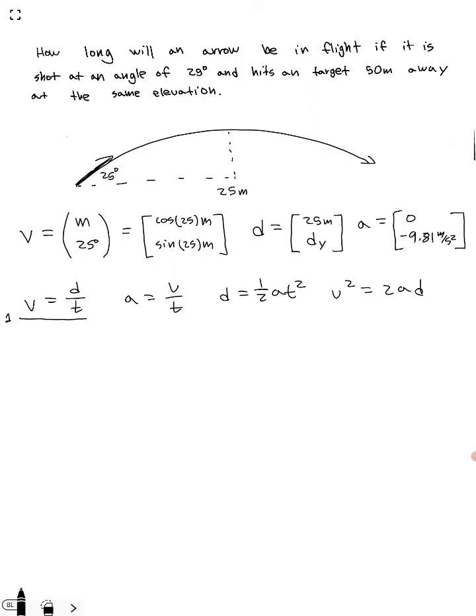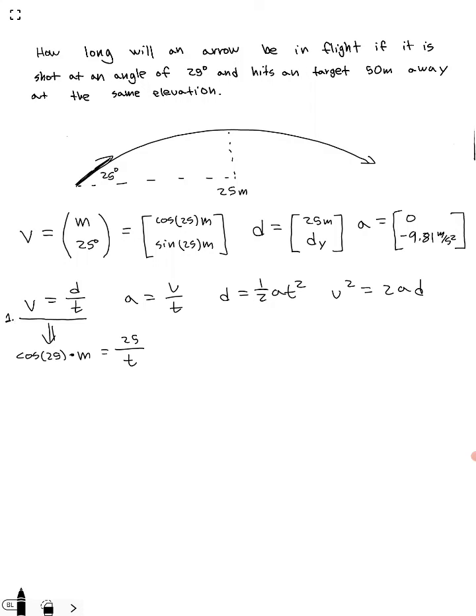So those are basically useless to us. So let's take equation 1 and plug in the values for our x components. Our x velocity is cos 25 times m equals 25 meters over time, which is unknown. So that's going to be our equation for our x component.